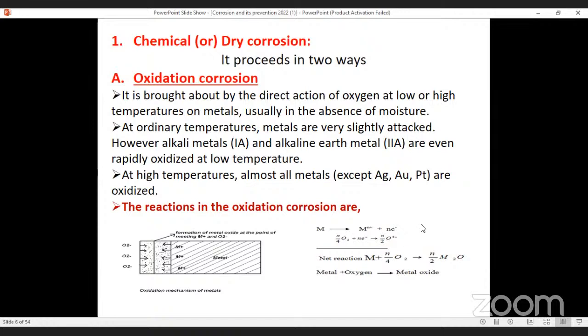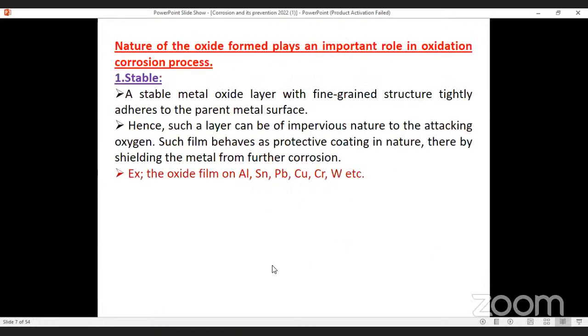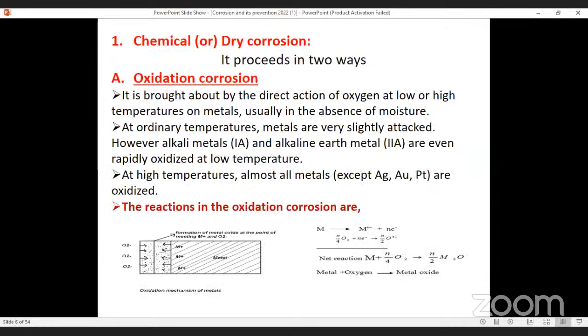Now the reactions. Just see the reactions. See the diagram: whenever the oxygens are brought near to the metal atom, these oxygens produce metal oxide.